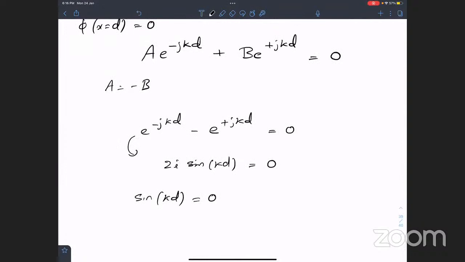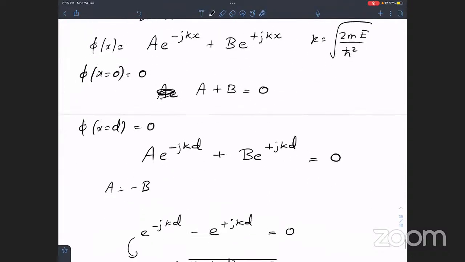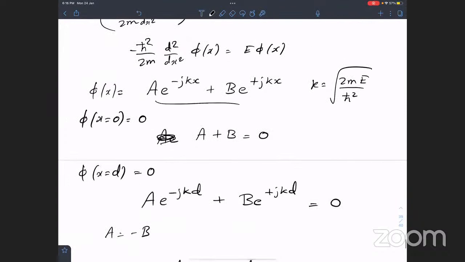We only know that a is equal to minus b, that much. So in general, if a is equal to minus b, my wave function phi of x must be of the form a into 2i into sine kx. This much I know.